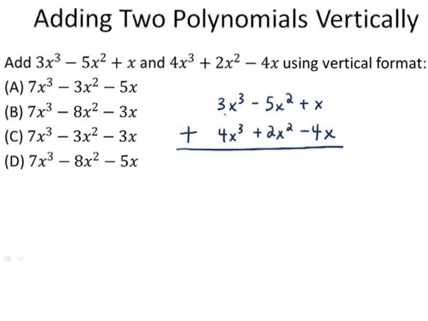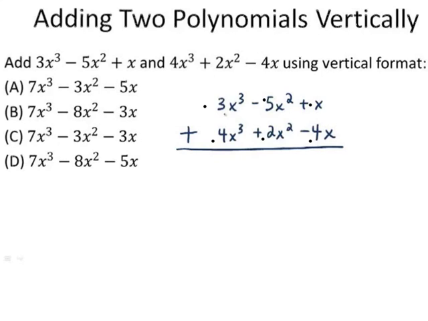Adding them vertically, I actually like to add them vertically better. So we've got 4 choices for answers here, A, B, C, and D. We're going to see which one is correct. We're going to add 3x cubed minus 5x squared plus x. And then we're going to add 4x cubed plus 2x squared minus 4x. We're going to use the vertical format. That just means that you line up like terms under each other, okay?